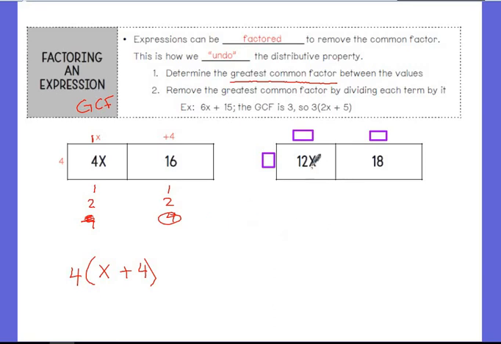Okay, here. Find a GCF between 12 and 18. Well, we have 1, 2, 3, 4, 6, 12. Okay, here we have 1, 2, 6. I could stop. 12's not 1, so it looks like 6 is going to be our greatest common factor. So I can pull out a 6 that is in common.